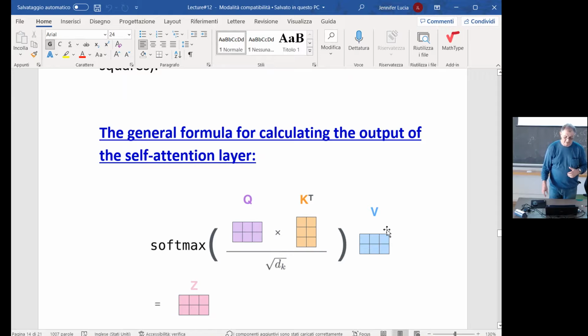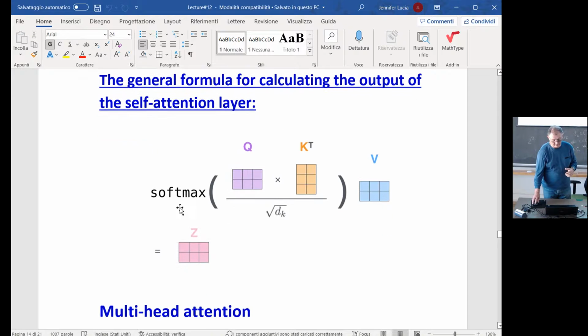The general formula for calculating the output of the self-attention layer is the following: softmax applied to the multiplication of Q, the query, by K transposed, divided by the square root of dk, which is 8, and then multiplied by V.